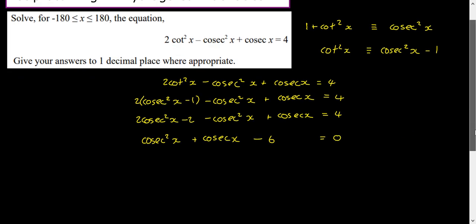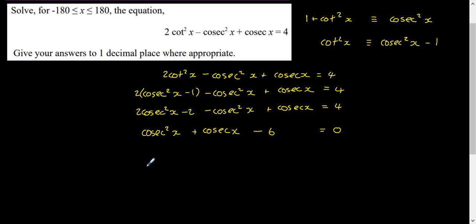So now we can solve. We can factorize, or we can use our equation solvers. So we've got cosec x in brackets, I'll do factorizing cosec x. And to factorize this one, let's see, we'll have minus 2 and plus 3, won't we?